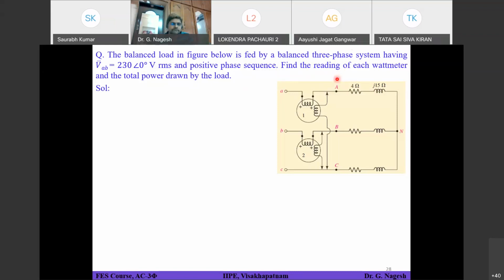Angle 30, sir. Plus 30 or minus 30? Minus 30. So try to write that angle properly and find out the current first, and then you can substitute those in your expression for P1.